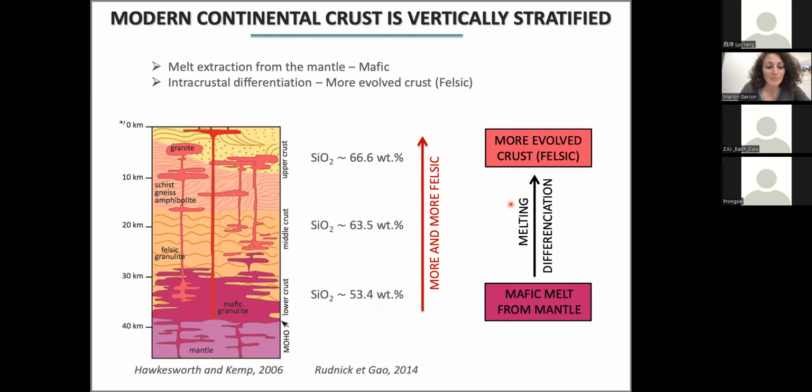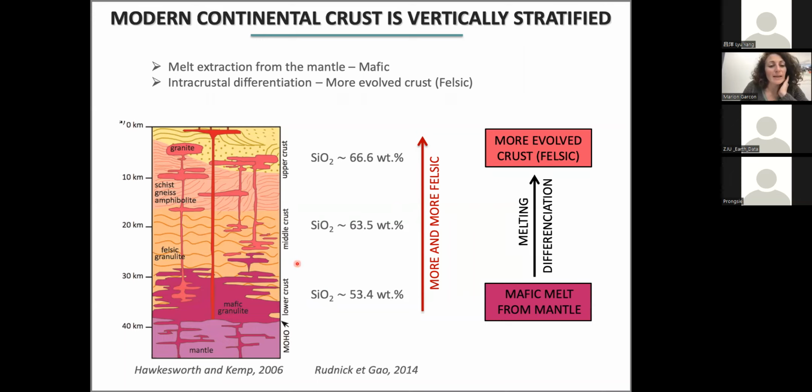So it has been estimated that the silica content of the crust varies with depth, and that we have basically a more mafic lower crust and a more felsic upper crust, which vary over quite a large range, from about 53 weight % at the base, up to 67 weight % in the upper continental crust. And there are a lot of models that suggest that this chemical variation as a function of depth directly reflects the way the crust is formed.